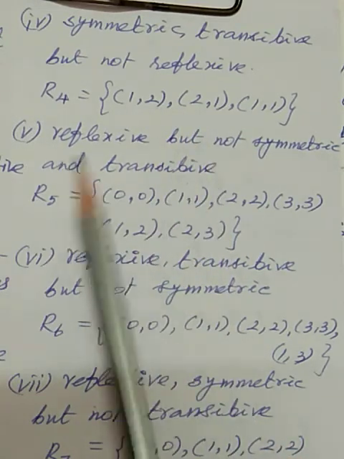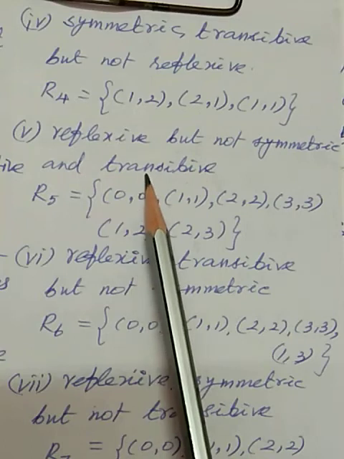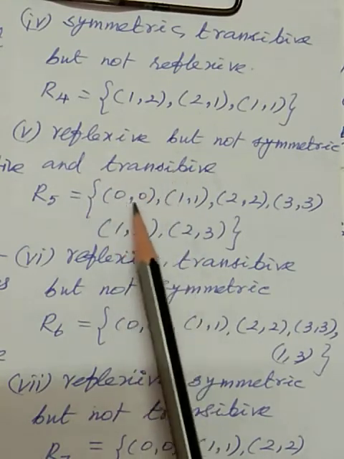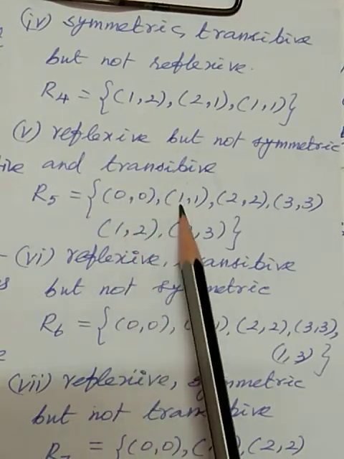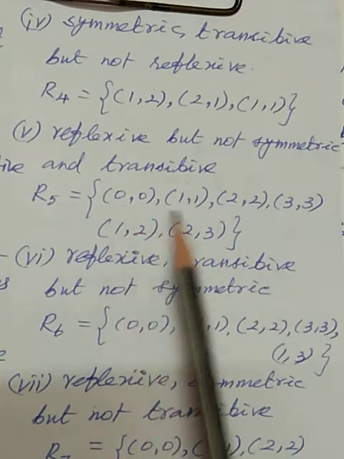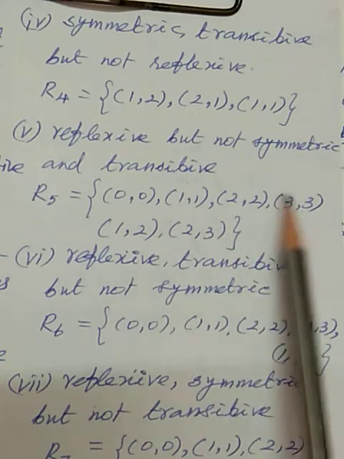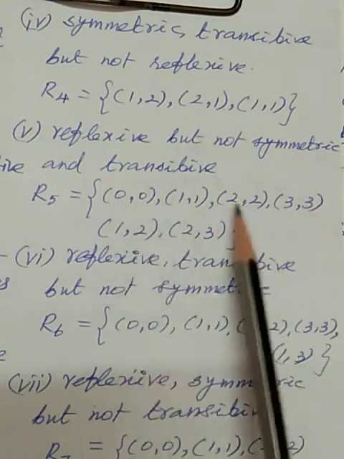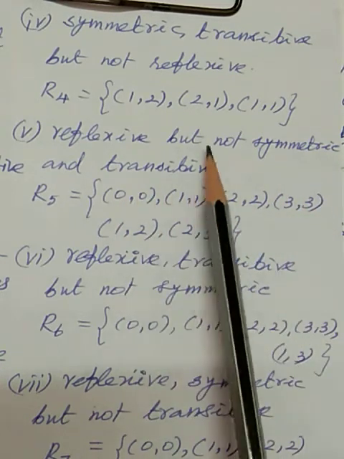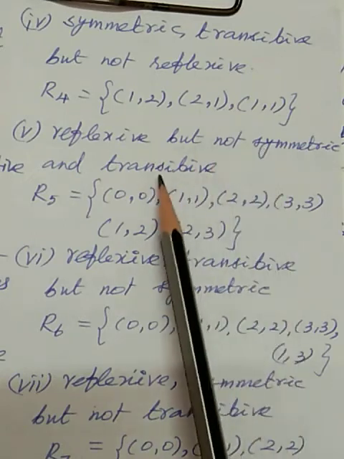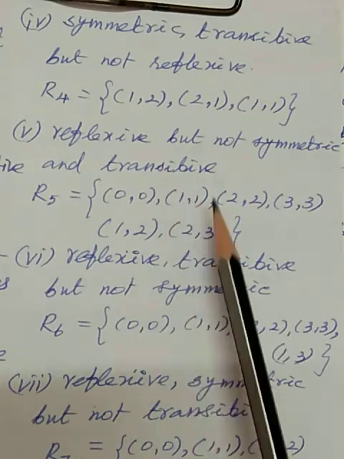Likewise the next one, reflexive but not symmetric and transitive, only reflexive. So reflexive means we need (0,0), (1,1), (2,2), (3,3). If all these elements are present in the particular relation, then it must be reflexive. So here it is reflexive. Then symmetric, transitive property to be violated.